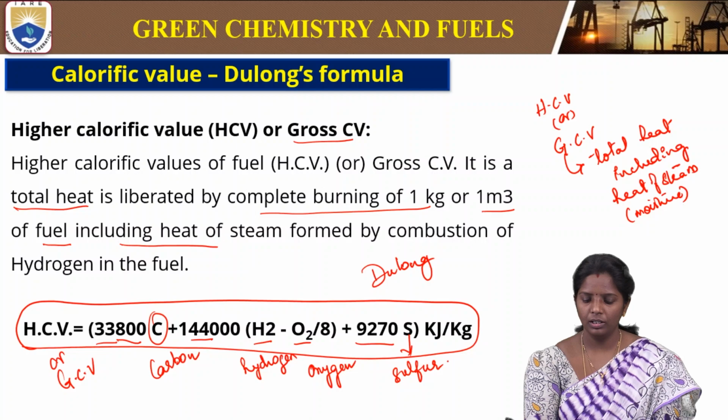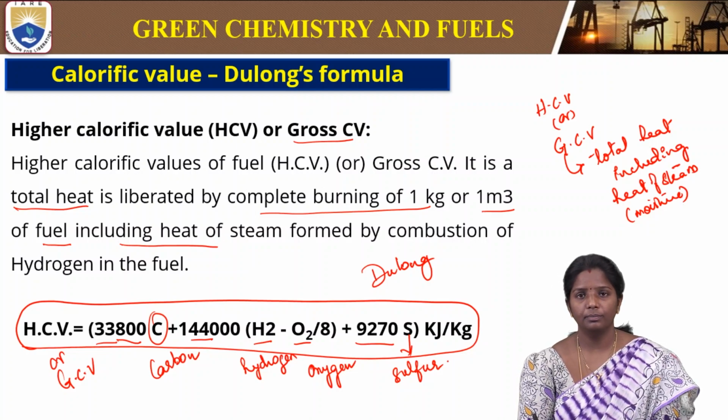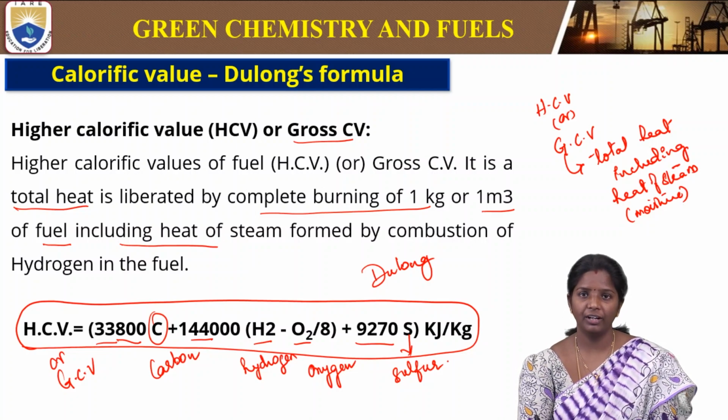This is given by the scientist Dulong. He proposed this formula for calculating the calorific value. So that is how Dulong proposed this formula for the higher calorific value or gross calorific value.